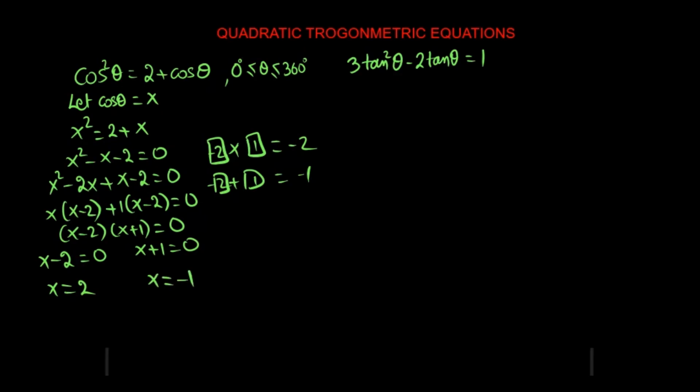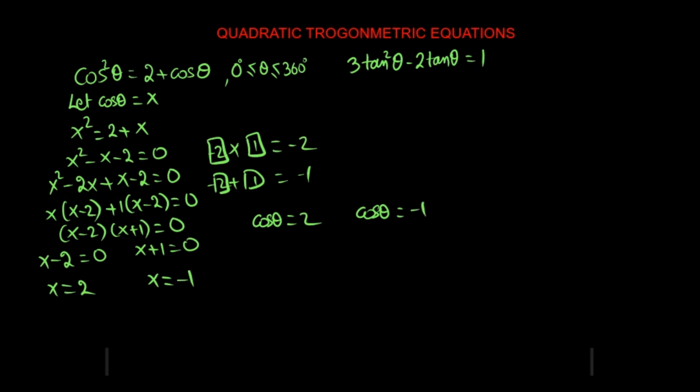Once you have the value of x, go back to your assumption. X is cos theta. So instead of x, make it cos theta. The first one we have cos theta equals 2 right here. And the second one we have cos theta equals minus 1 from here.